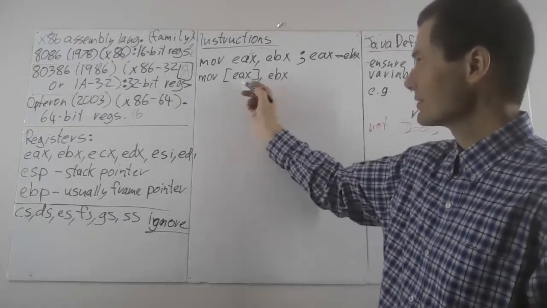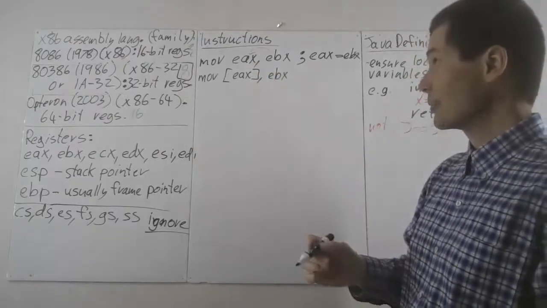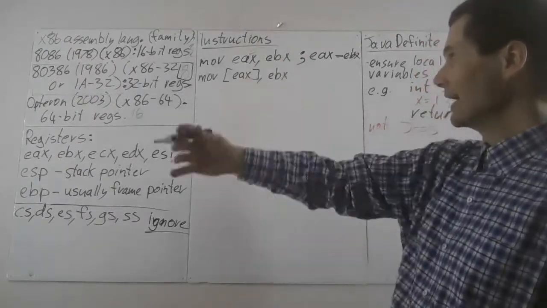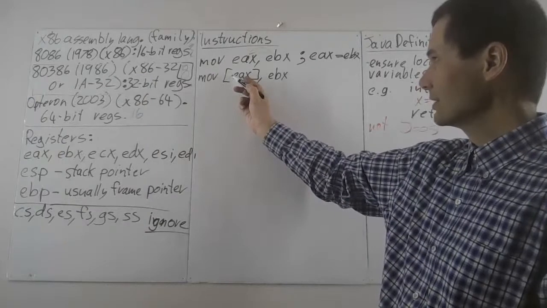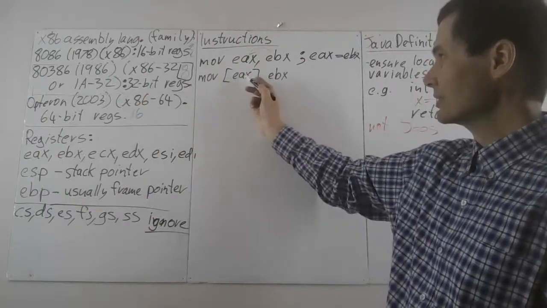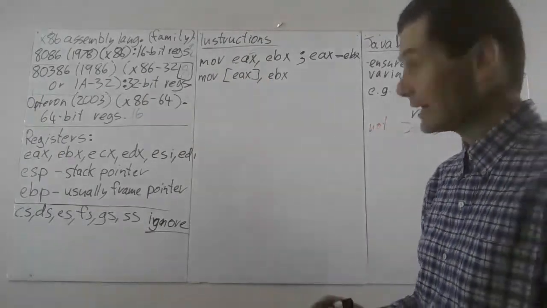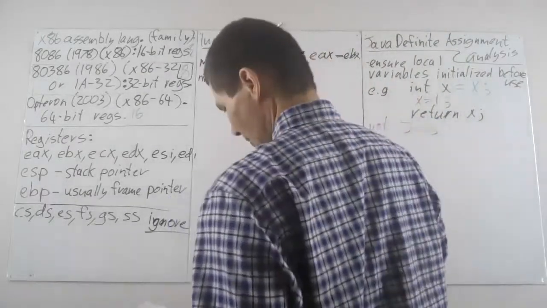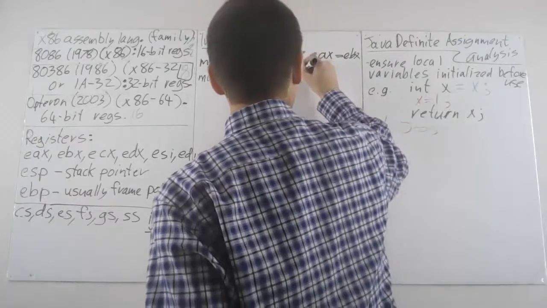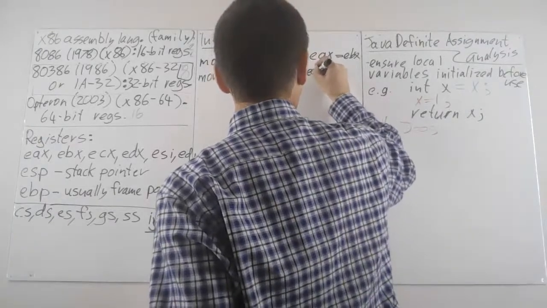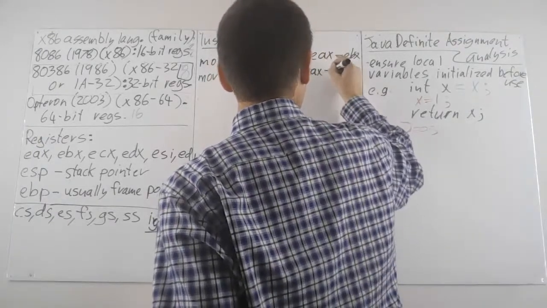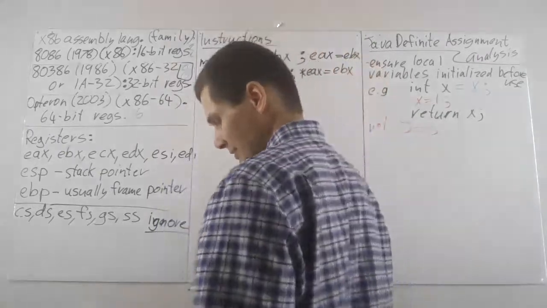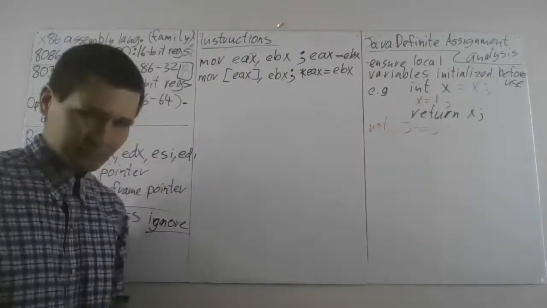You can think of the square brackets as kind of like an array: it's treating the memory as an array, and it's saying, give me the memory location whose address is in EAX. If I were to go with a C pseudocode explaining this instruction, the square brackets are like the star operator in C, in that they dereference an address.